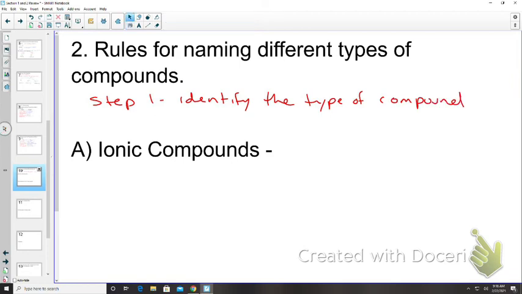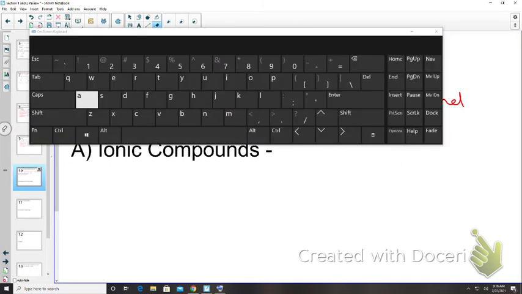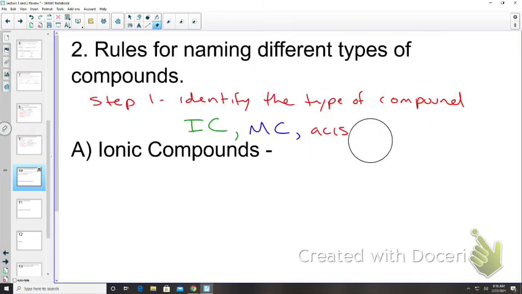So the options would be ionic compound, molecular compounds, acid, or a base. Okay, so IC is ionic compound, MC is molecular compound, and acid or base is acid or base. Okay, and then we're going to have different naming rules for each one.